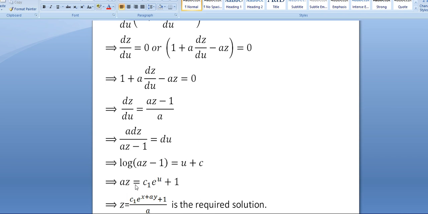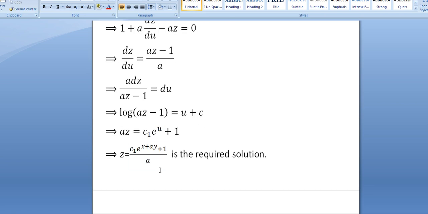So az minus 1 is equal to, convert this logarithmic form to exponential form, c1 e to the power of u, where c1 is nothing but e to the power of c. Or I can write from this now, z is equal to c1 e to the power of u plus 1 by a, where u has to be replaced by x plus ay. This will become the required solution.